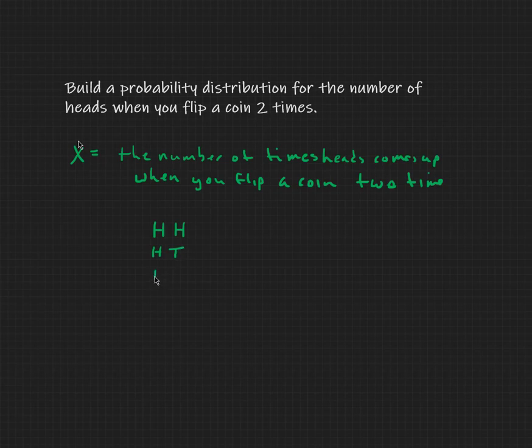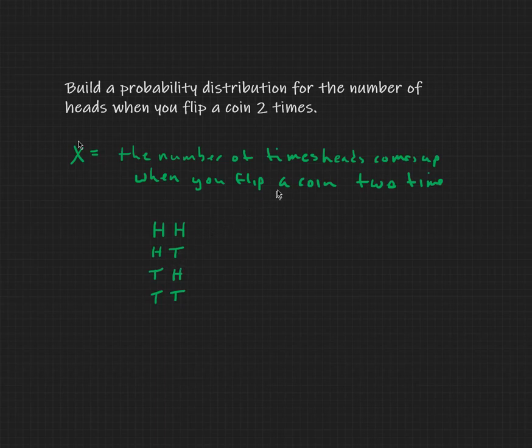Or I could get a tails the first time and then a heads on the second one, or tails the first time, and then get a tails on the second flip. Those are all the possibilities of what can happen.